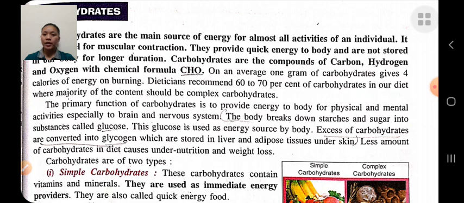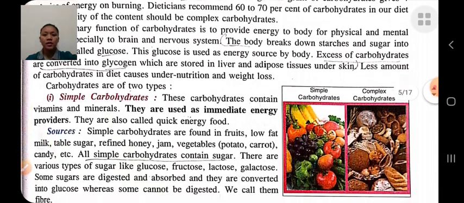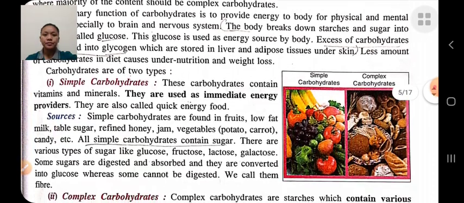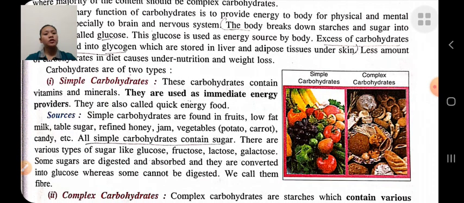If we take less carbohydrate in our diet, it causes undernutrition and weight loss. Carbohydrate is divided into two types: simple carbohydrate and complex carbohydrate. Simple carbohydrate provides you immediate, quick energy.